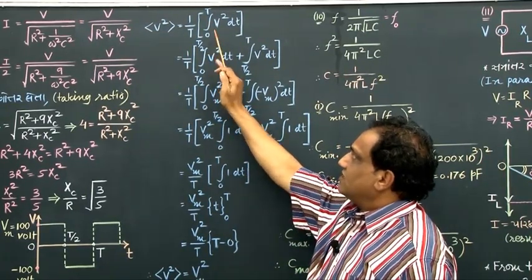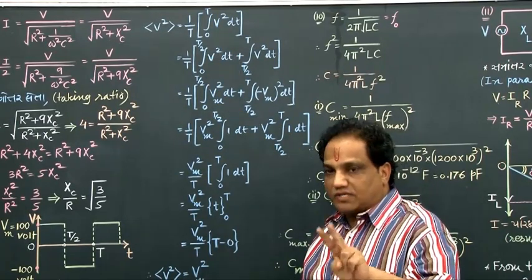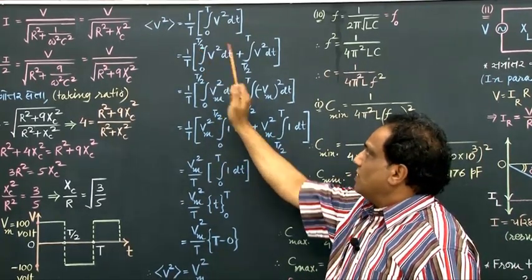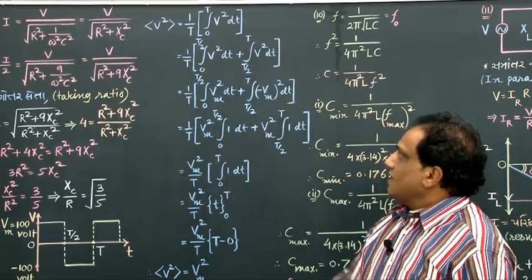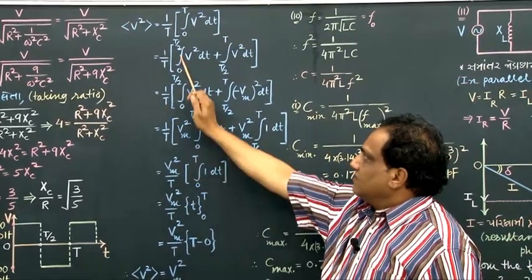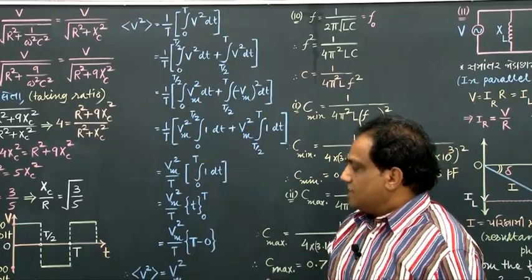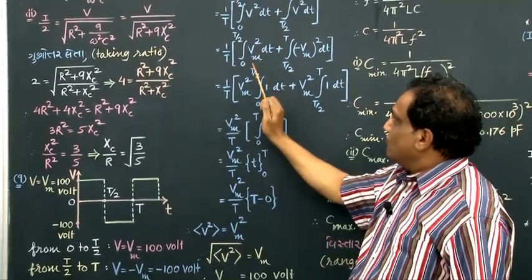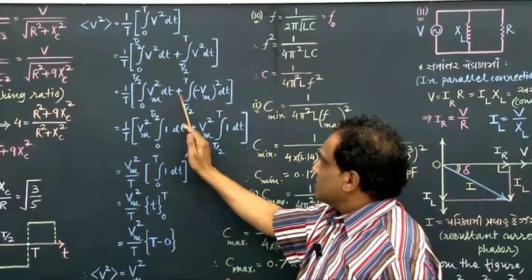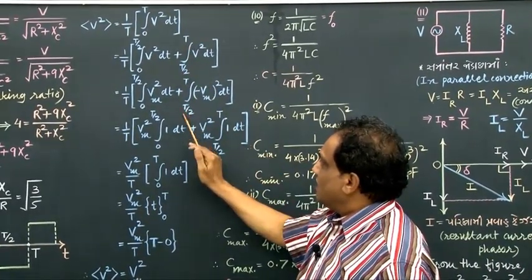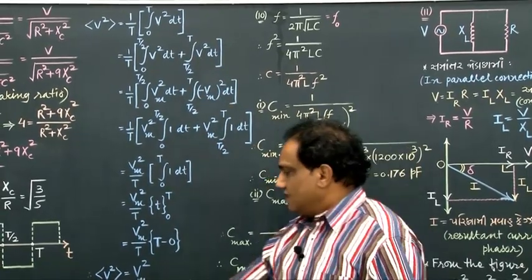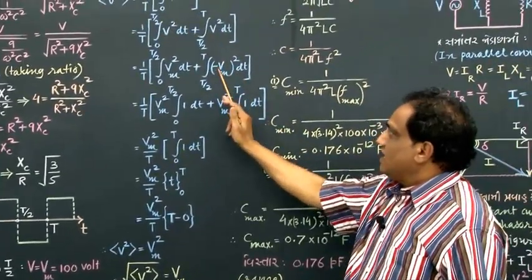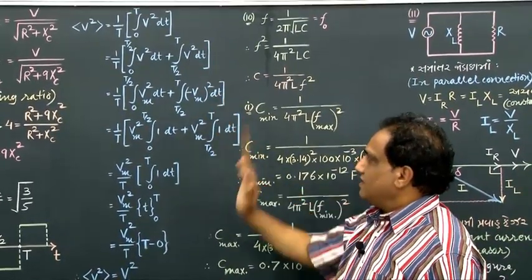I split this integration from 0 to T into two parts, 0 to T by 2 and then T by 2 to T. Now, take the square: V square will be Vm square dt, plus the integration from T by 2 to T, but in this time interval, what is the value of V? Minus Vm. So, instead of V, I am putting minus Vm whole square dt, fine.